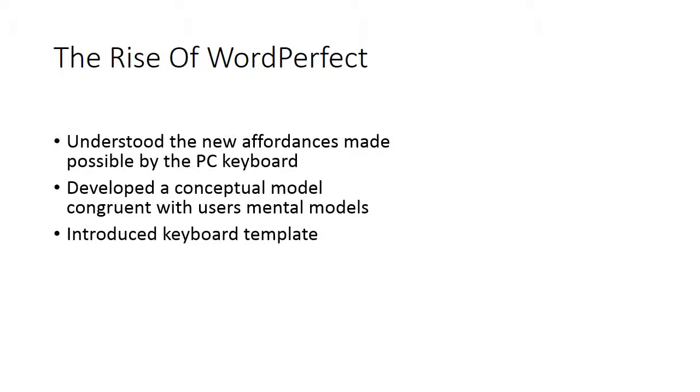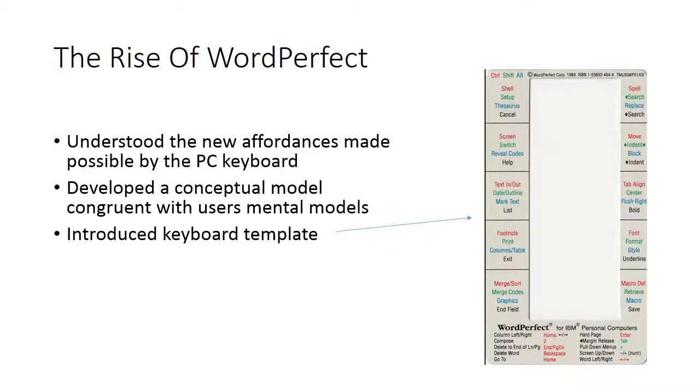And they introduced the keyboard template, which was very clever, very simple. It was just a little thing that fit over your function keys. For example, in WordStar, if you wanted to make text bold, you had to memorize a sequence of keystrokes. Control K, Control B, Control B. I don't remember. It was a long time ago.